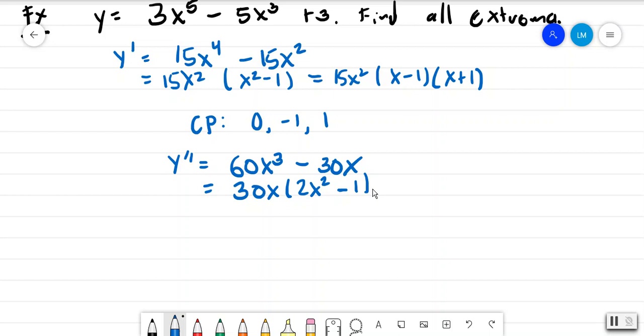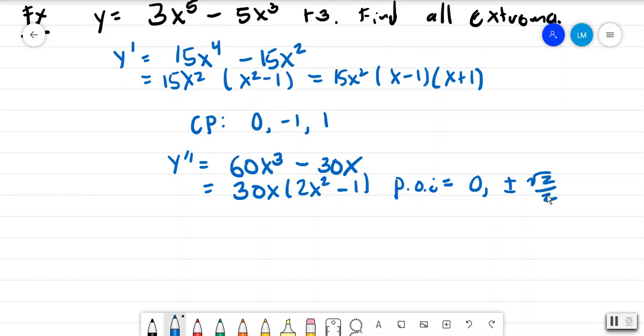That tells you that you do have some points of inflection, and if you find them, you're going to find that 0 is one of them, which means that 0 is actually nothing. And then you also find plus or minus root 2 over 2.